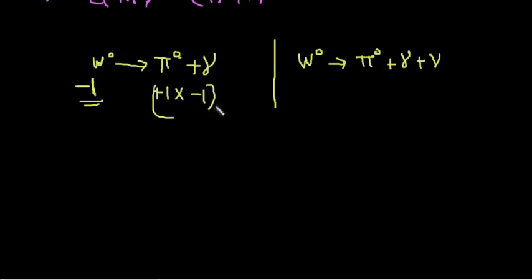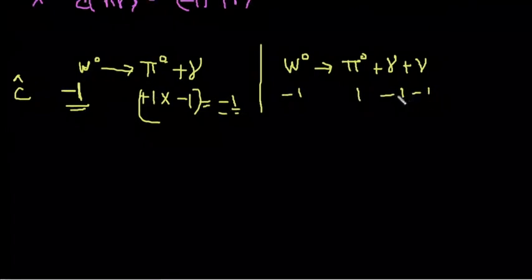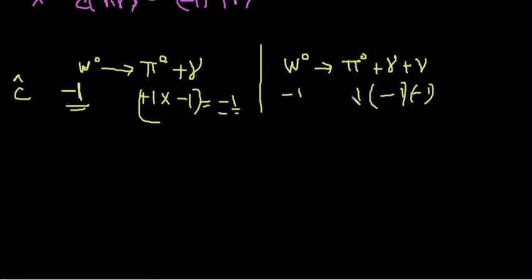If you multiply these, it will be nothing but minus 1, so charge conjugation is conserved here. And here it is of course not conserved, because it is 1, minus 1, minus 1. If you multiply all three, you get plus 1, so it is not conserved here. So the first reaction can be a strong interaction. This is one example to understand charge conjugation.